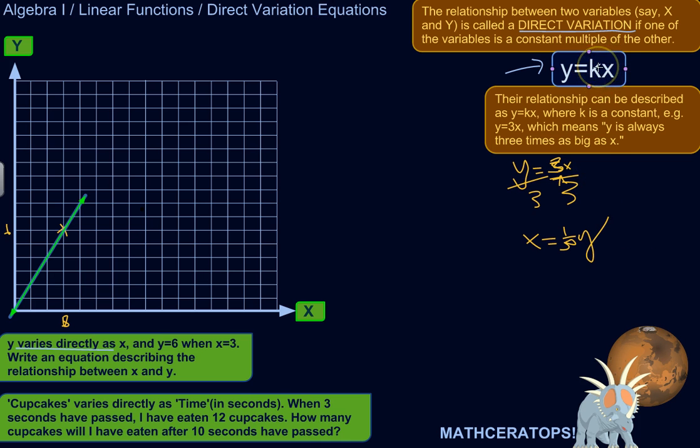No matter what k is, say when x is 0, 0 times whatever k happens to be in the situation will equal 0. 0 times anything is 0. So when x is 0, y will be 0. Therefore, a direct variation will go through the origin.